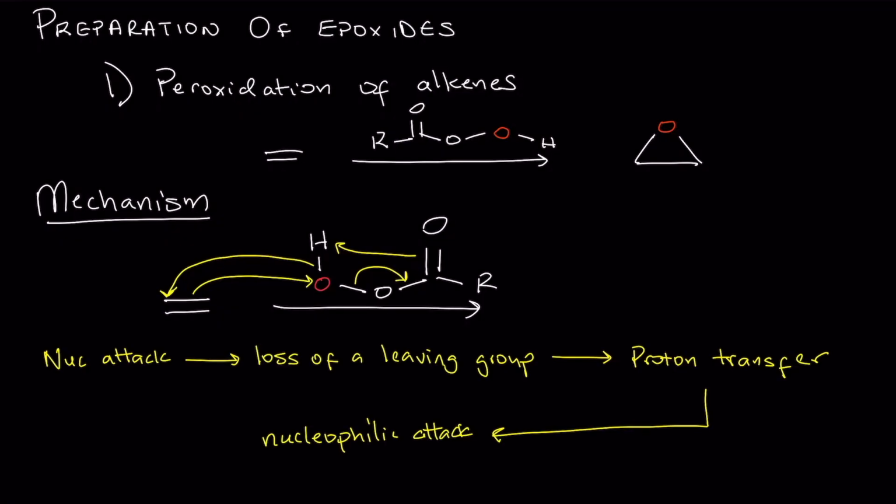Okay, so this is a fairly complicated mechanism, but it's nucleophilic attack, loss of a leaving group, proton transfer, and then another nucleophilic attack back to the alkene. And tracing your curved arrows, you will get your epoxide as your product, and a carboxylic acid as your byproduct of the reaction.